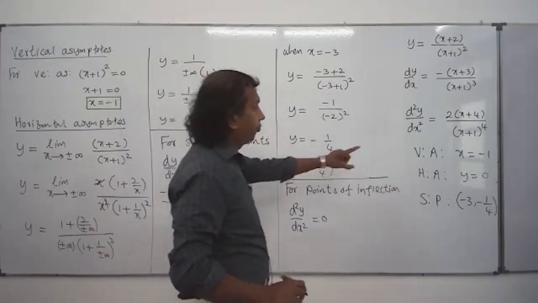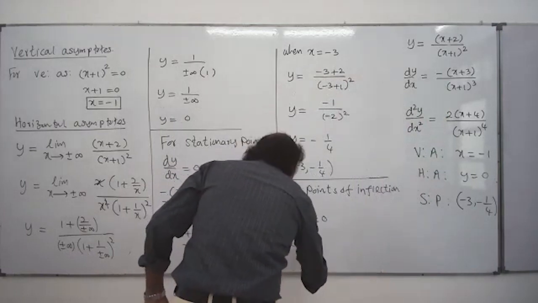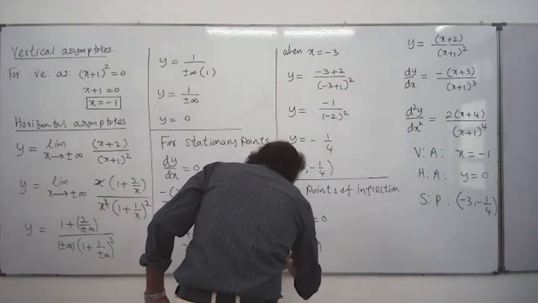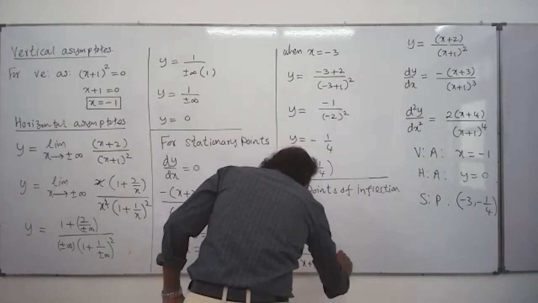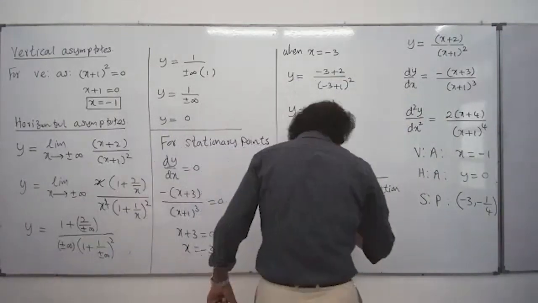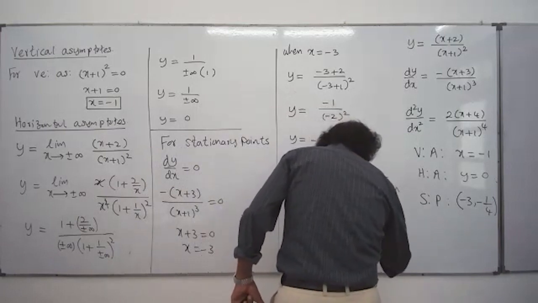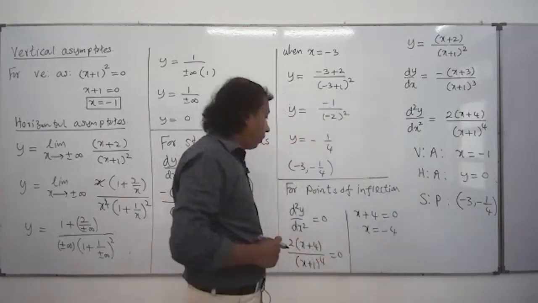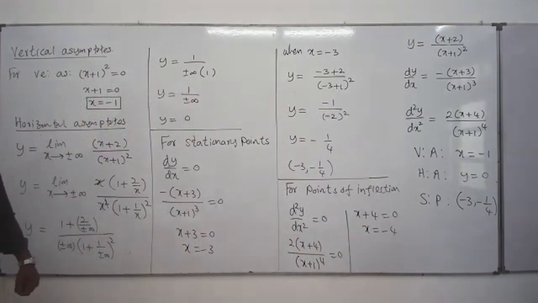The second derivative is 2 times (x plus 4) over (x plus 1) to the power 4 equals 0. This fraction is 0 means the numerator is 0, x equals minus 4. The point of inflection occurs at x coordinate minus 4.